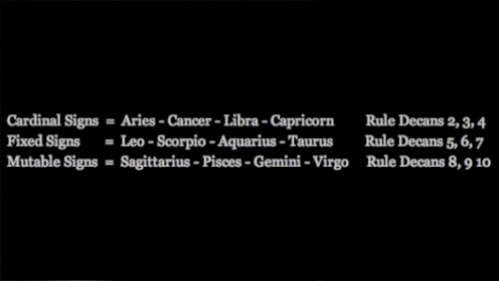Now, the cardinal signs are Aries, Cancer, Libra, and Capricorn. And Aries, Cancer, Libra, and Capricorn rule decans 2, 3, and 4. The fixed signs of Leo, Scorpio, Aquarius, and Taurus rule decans 5, 6, and 7. And the mutable signs of Sagittarius, Pisces, Gemini, and Virgo rule decans 8, 9, and 10.